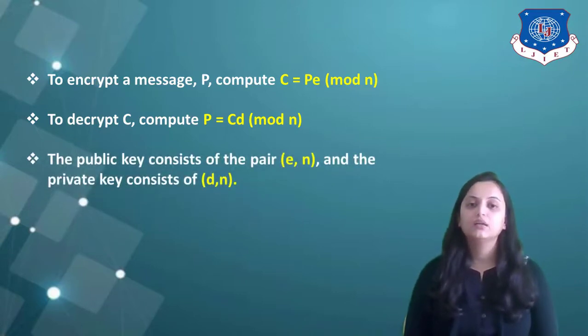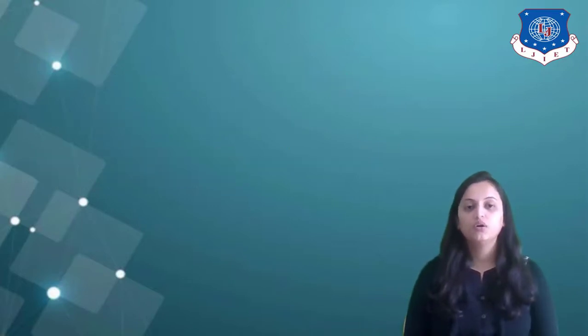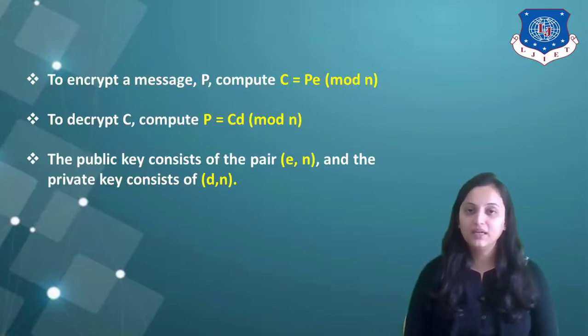The public key consists of the pair (e, n) and the private key consists of (d, n). So we can say that the public key consists of e, n and the private key consists of d, n. So this is how the public key and private key are obtained for the RSA algorithm.